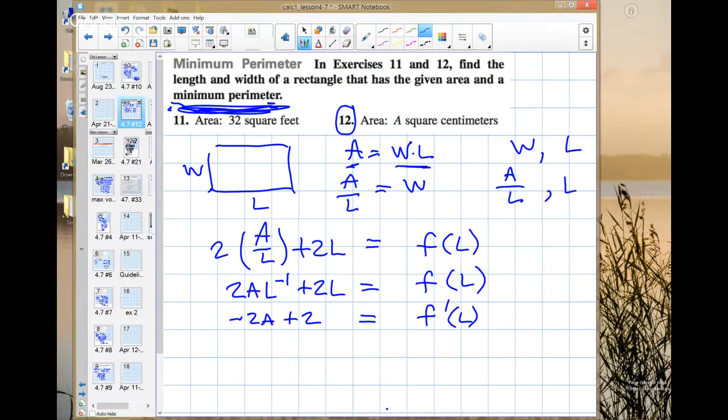Wouldn't it just be over L squared? Where did I mess that up? Oh, I didn't lower the power by 1. Yeah, thank you. So this is negative 2A, and then this is L to the negative 2. So that is negative 2A over L squared plus 2 equals 0.